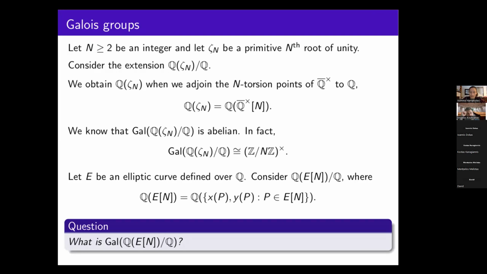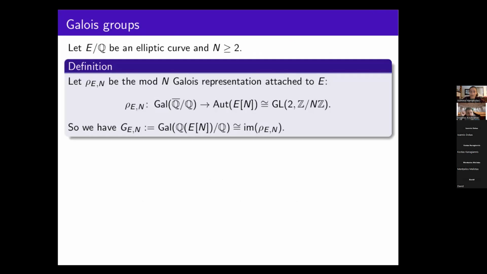The way we can study this Galois group is through Galois representations. So we're going to let ρ_{E,n} be the following Galois representation attached to E. Throughout the talk, I'll be using G_{E,n} to denote the Galois group of the division field over Q, which is isomorphic to the image of this Galois representation.